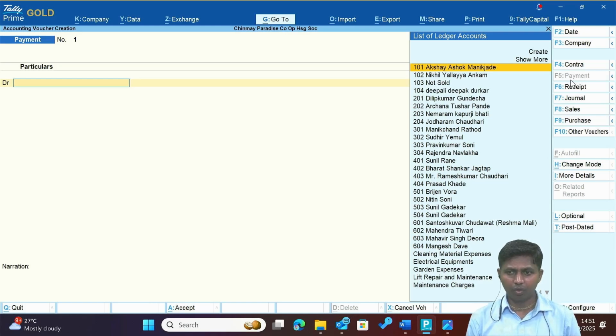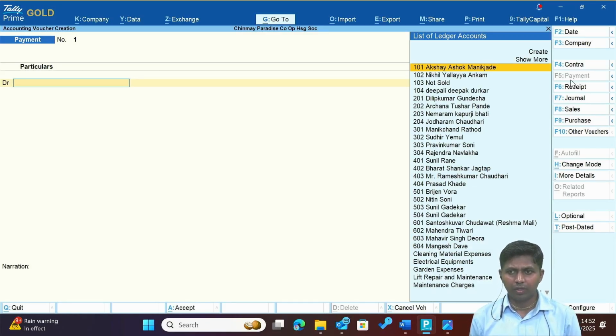We have given this for garbage throwing expenses. Garbage throwing expenses to cash. If you say like this, then that will be your payment entry, and that indicates that society paid. But here society didn't pay, the chairman paid.